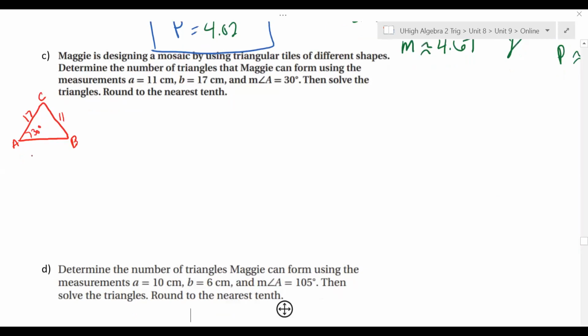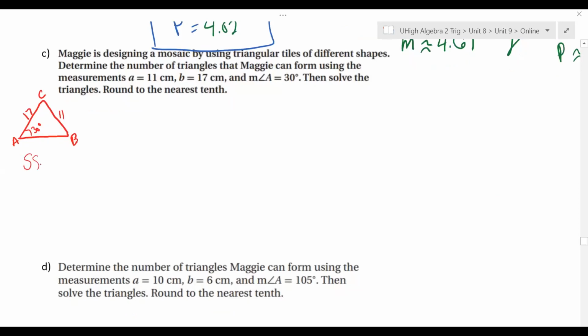I don't. Again, I have that side-side angle. So I have to look at how A relates to B and how A relates to H. Remember, H is going to be my height right here. And I'm not given my height, so that is something that I might have to find.